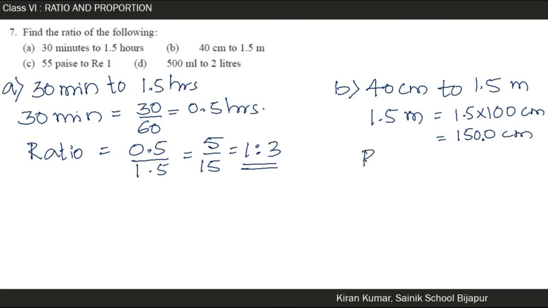So the required ratio will be 40 upon 150. Both these zeros will get cancelled, or you can say that both are divided by 10. We'll be getting 4:15. This is the required ratio.